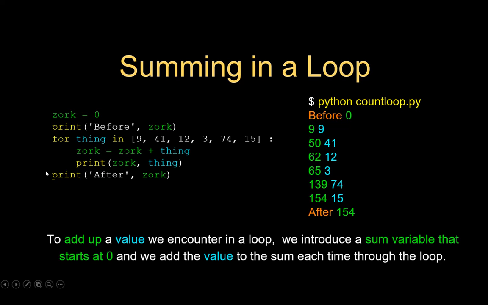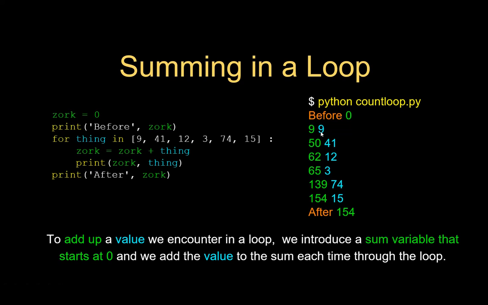We get to the loop and say for thing in this set, and thing is going to parse through all of these numbers. We have Zork, which is 0. Here Zork plus the thing, so 0 plus 9 in this example, and we put it into Zork. We print Zork, which is 9, and the thing, which is 9 again.